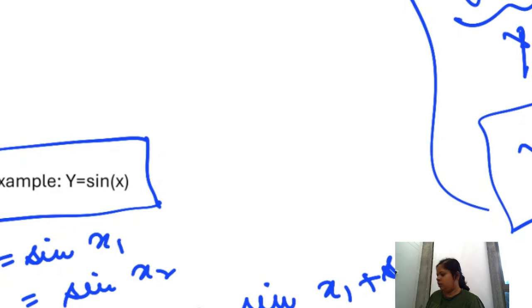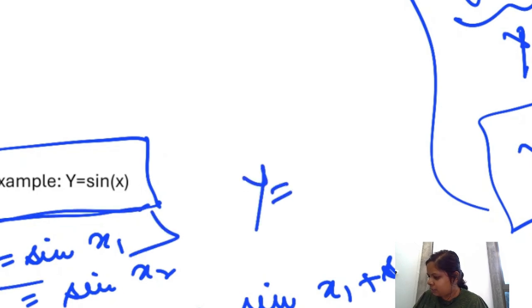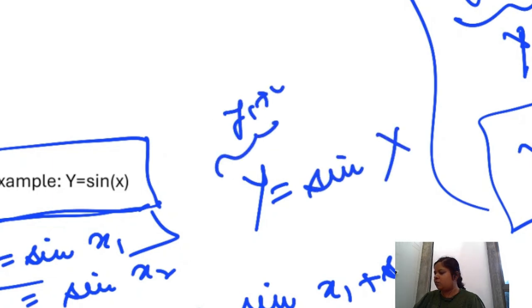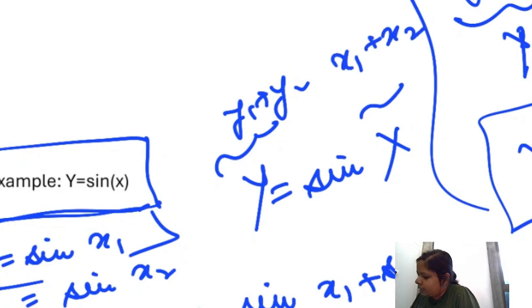They both are not equal. So we wanted that if this is the system, then we should get y is equal to sine of x, where y is the combination of y1 plus y2 and x is the combination of x1 plus x2. But what happens here? You get sin x1 plus sin x2. Now this and this are not equal. If these are not equal, hence the system is non-linear.